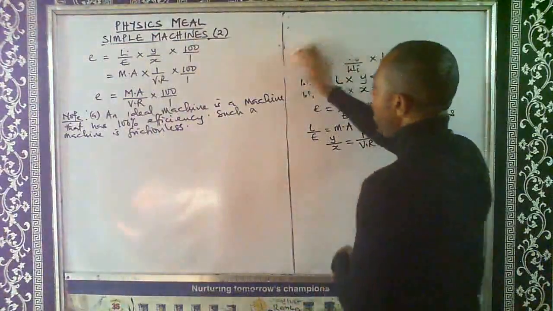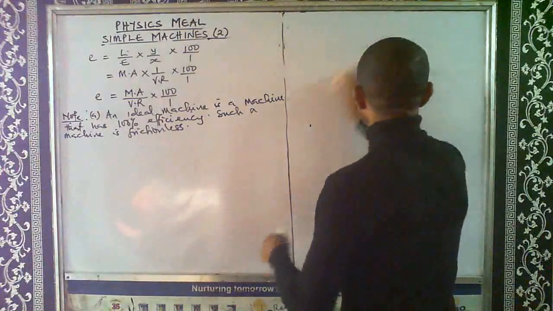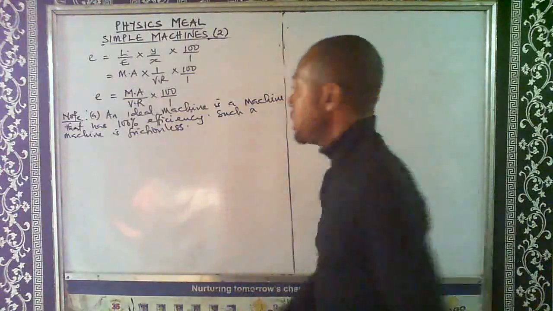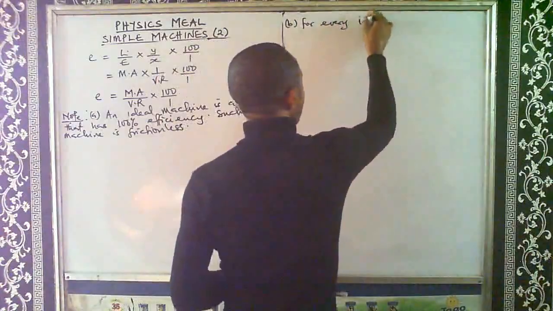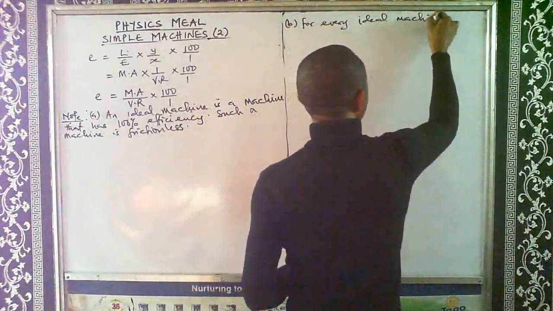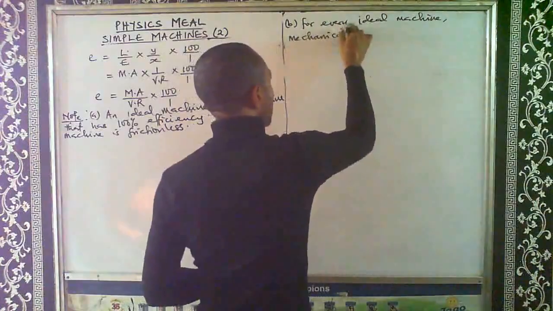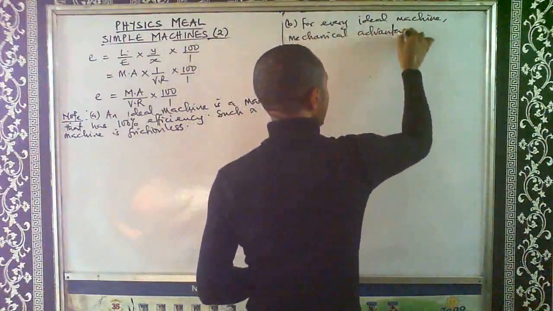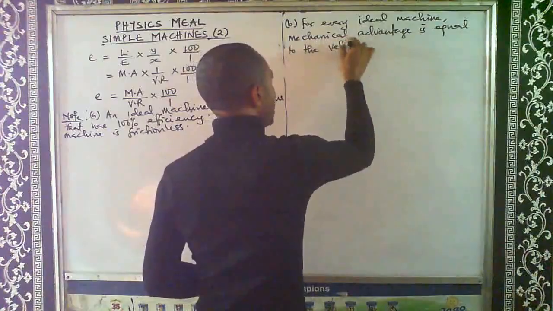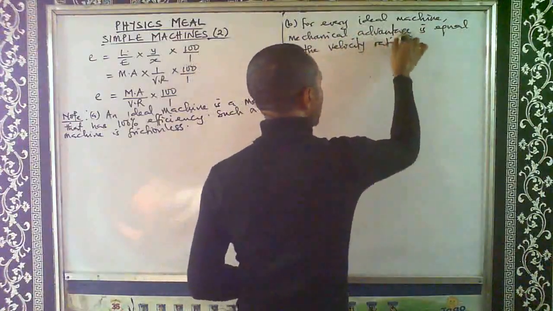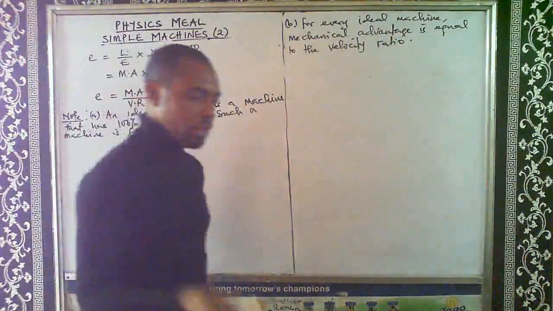And then for every ideal machine, mechanical advantage is equal to the velocity ratio.